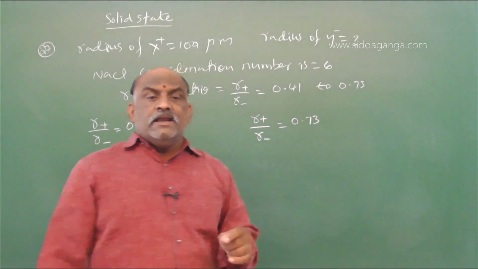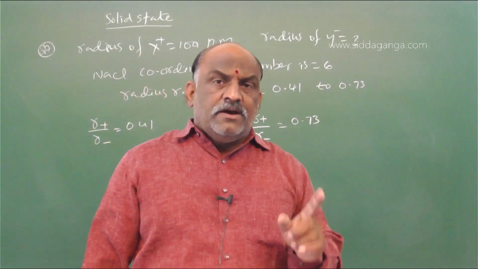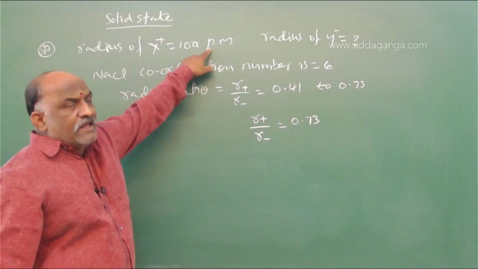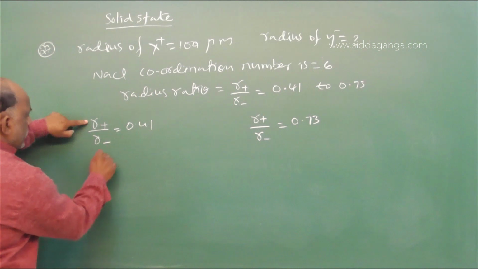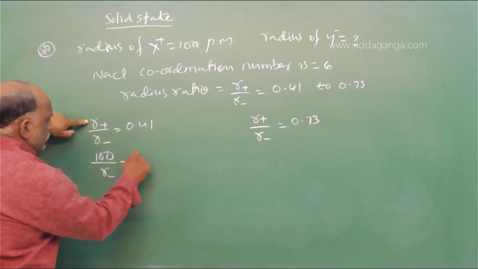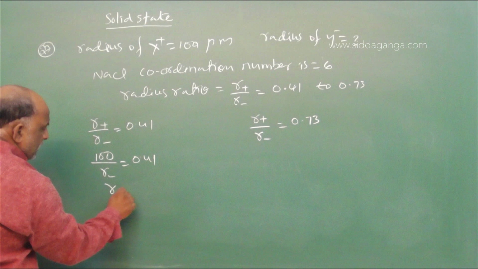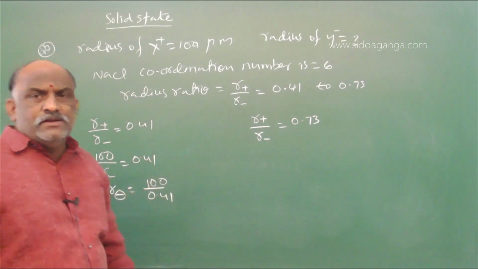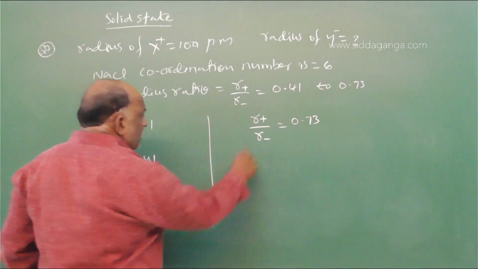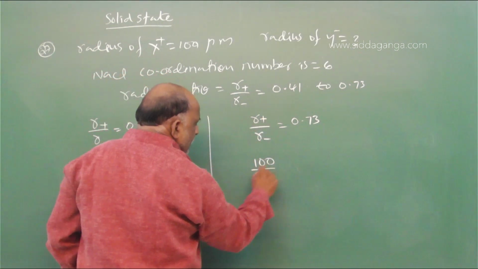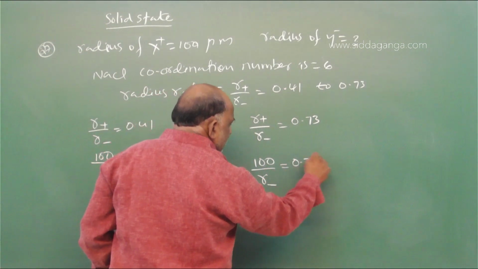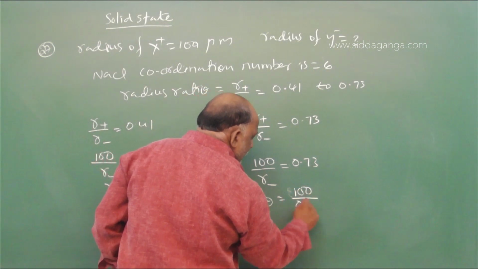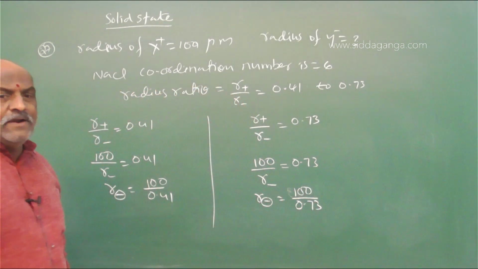So we have to calculate the radius of Y minus. Here r plus, X plus, is given as 100 picometers. So substitute 100 by r minus is equal to 0.41. Then r minus is equal to 100 by 0.41. On the other hand, substitute r plus is equal to 100 by r minus is equal to 0.73. So r minus is equal to 100 divided by 0.73.